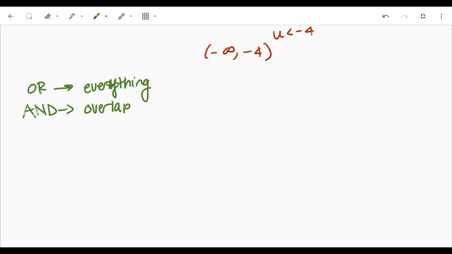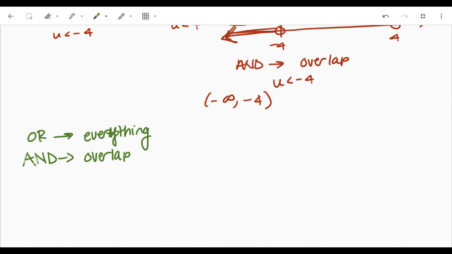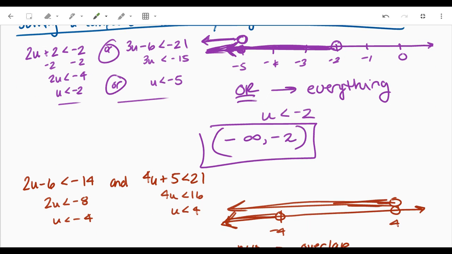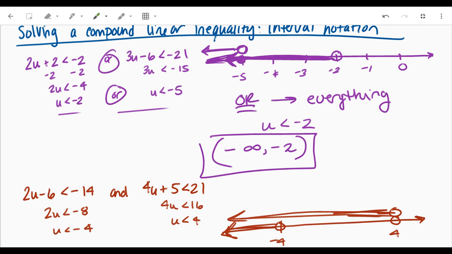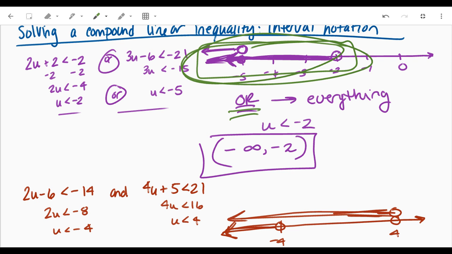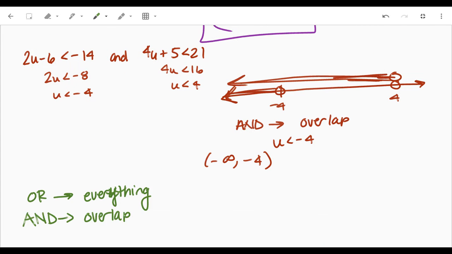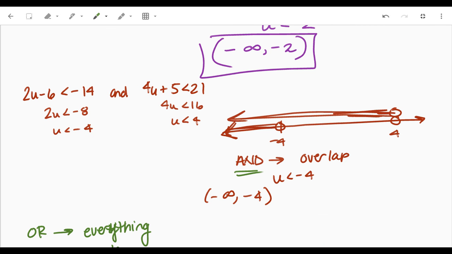So for example, like we just had two that overlapped, and maybe I'm getting ahead of myself here, but when these two overlapped, it was or, so we just took everything that we shaded on that number line. Here it was and, so we only took the things that we went over twice. Anything less than -4, we went over twice.